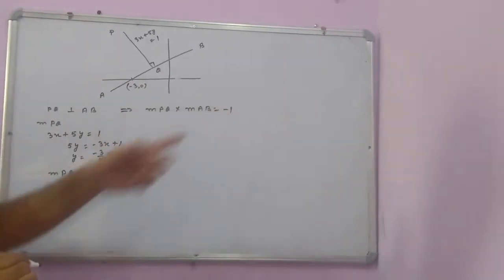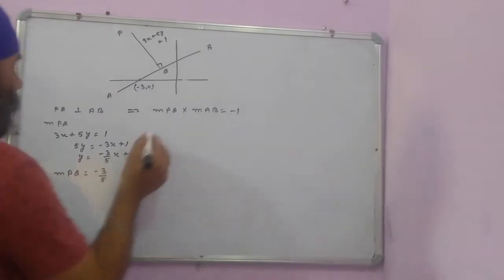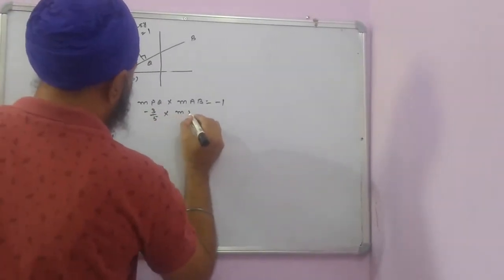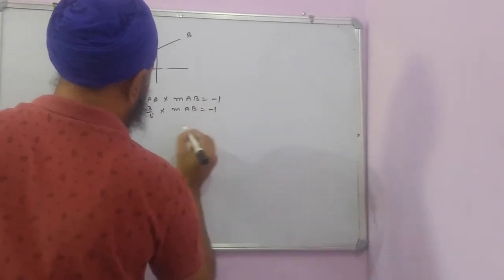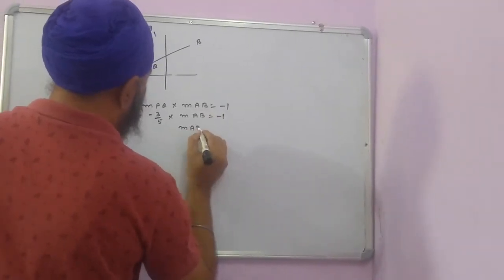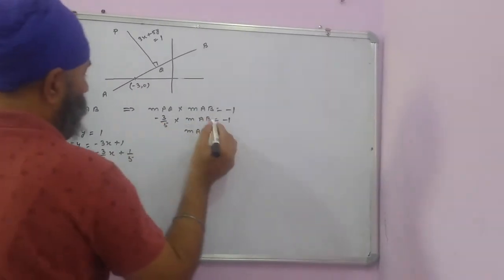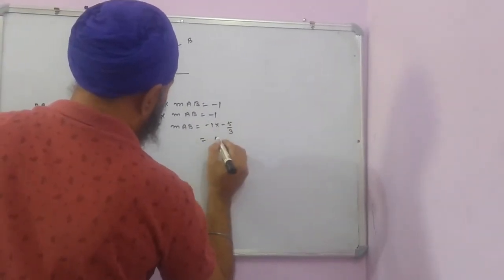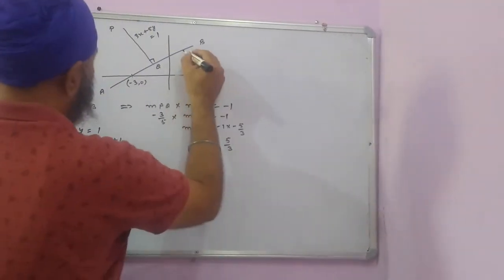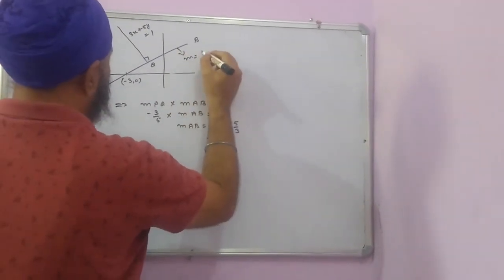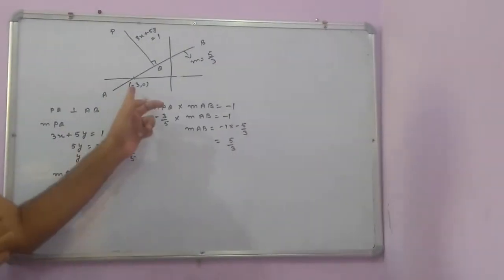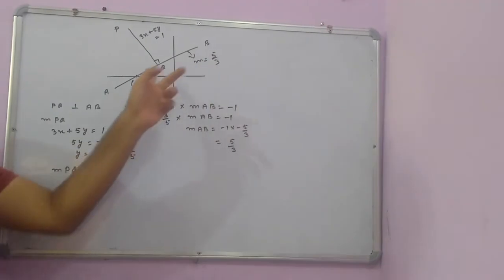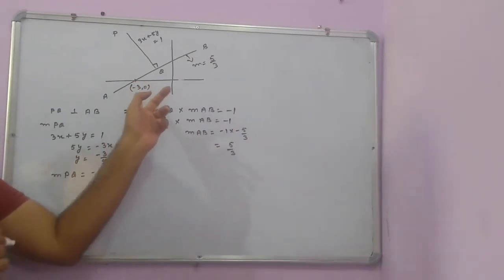Product of the slopes will be equal to minus 1. m PQ is minus 3 upon 5, so m AB is minus 1 into minus 5 by 3, that is equal to 5 by 3. Now slope of this line is 5 by 3 and it is passing through (minus 3, 0).